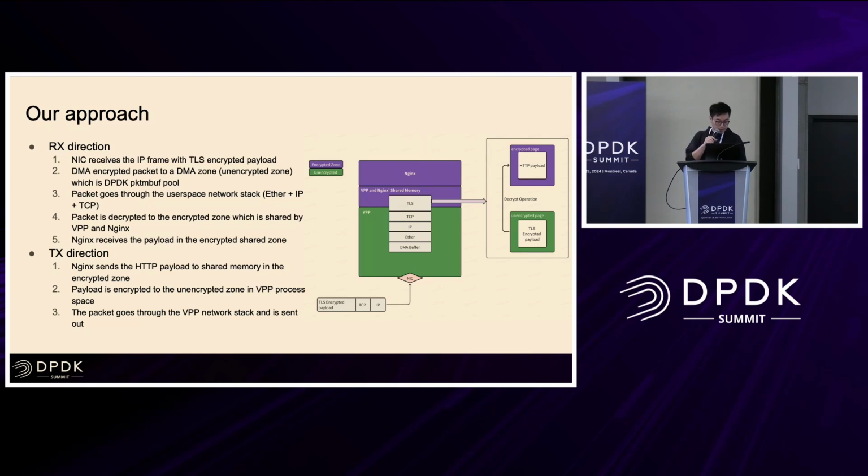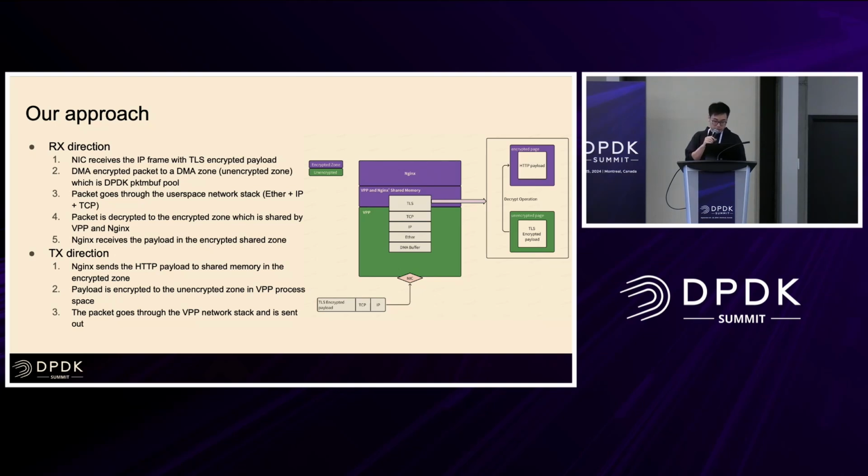Here we go again. We will go through the Rx/Tx data flow again, similar to what we did earlier in this presentation. On the right-hand side, there is a graph highlighting the Rx direction, which can be used as a reference. The Tx direction is very similar. For the Rx direction, again, the NIC will receive the IP frame with a TLS encrypted payload.